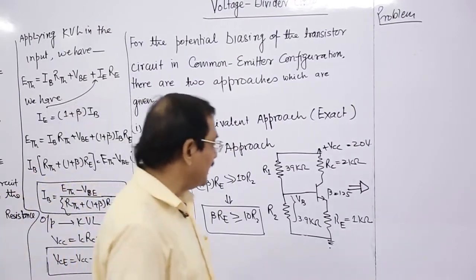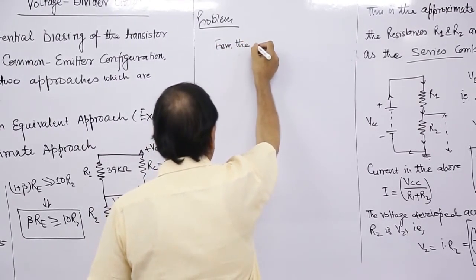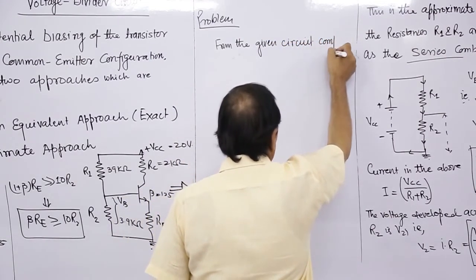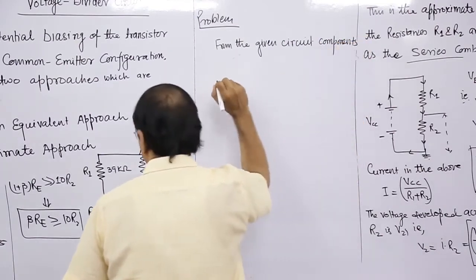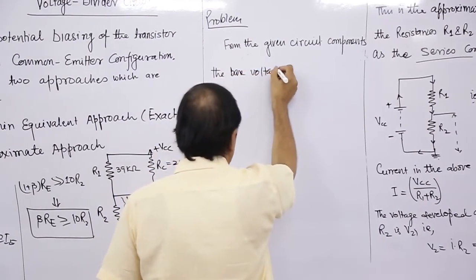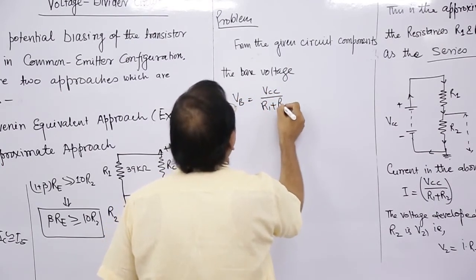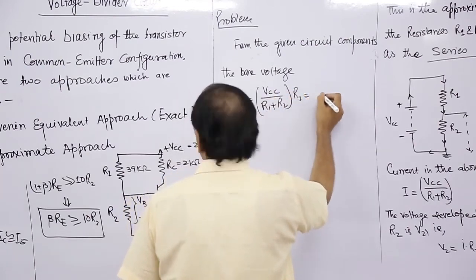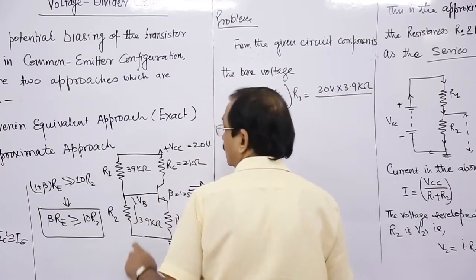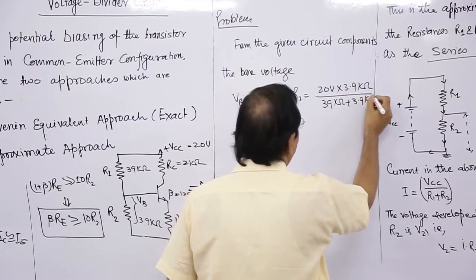Then if we analyze from the given circuit components, the base voltage VB is equal to VCC R2 upon R1 plus R2, that is 20 volt into 3.9 kilo ohm upon 39 kilo plus 3.9 kilo ohm.